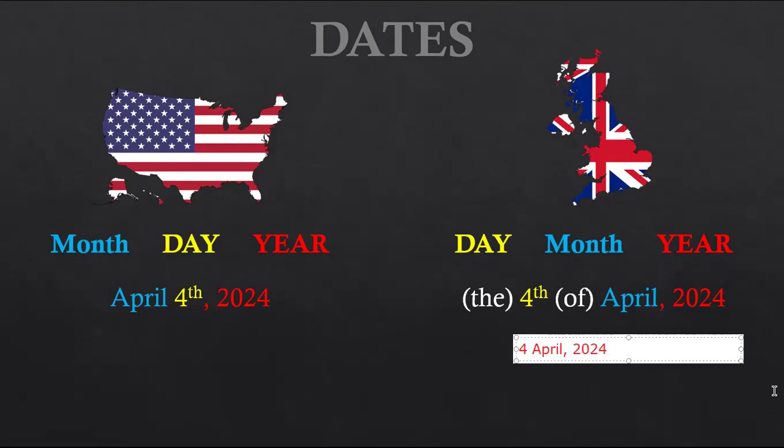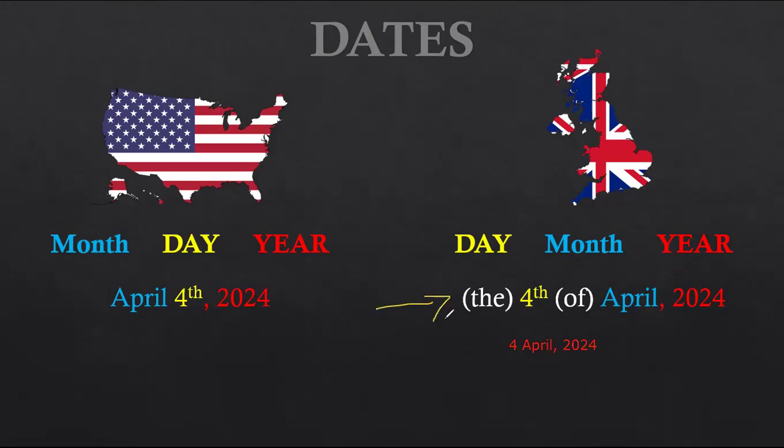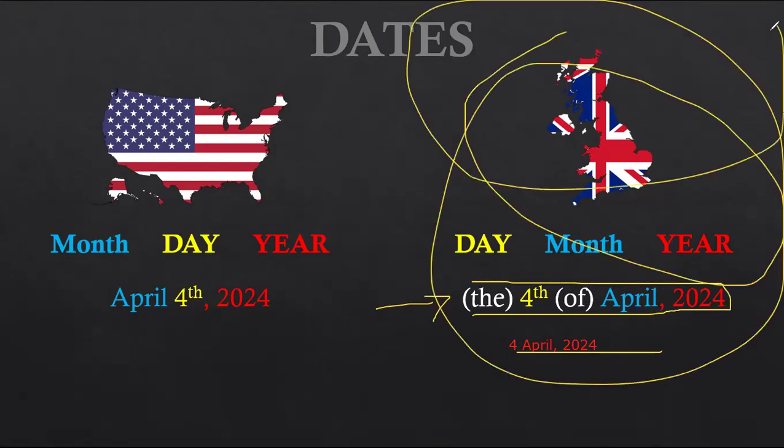It's written like this, but it's pronounced like this form over here. So you don't write it with the "of" here, you just simply write it as 4th April 2024, but you have to pronounce it this way, in the British form. Remember.